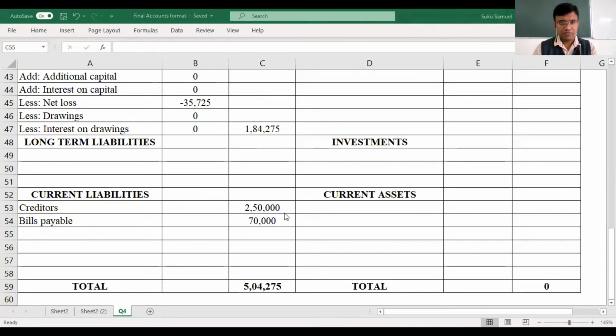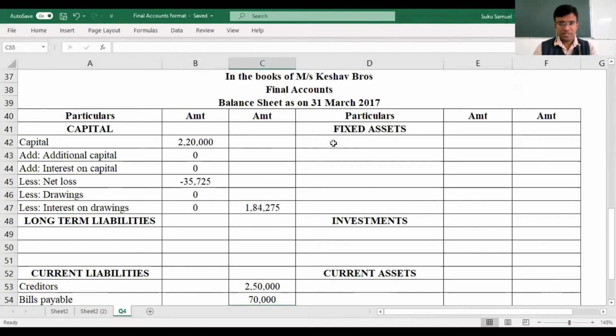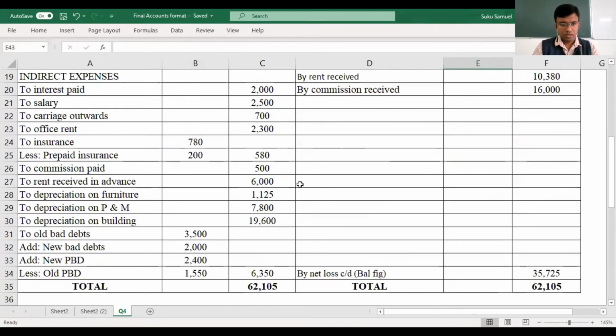Now let's try and fit in the other items. Then you have your fixed assets. The fixed assets that we have are plant and machinery. For plant and machinery, we have an adjustment, and the adjustment is depreciation. We have to subtract the depreciation amount, which is 7,800.